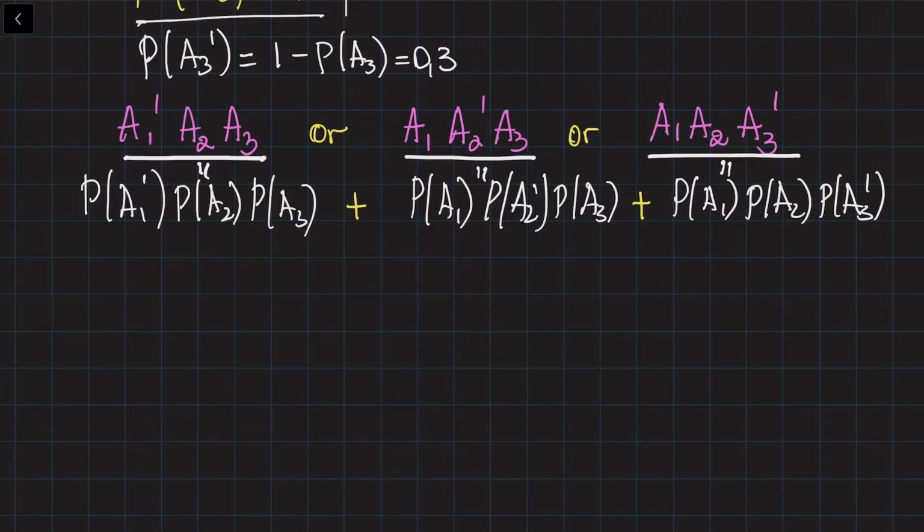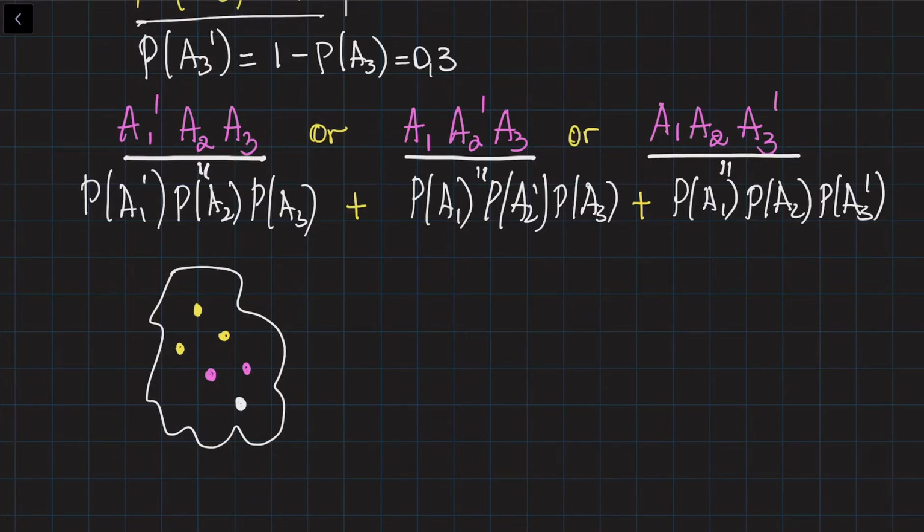For example, let's say you've got a box. Inside of the box we have many balls. So there are 3 yellow balls, 2 pink balls, and 1 white ball. What I would like to do is, let's say 3 yellow ones and 2 pink balls.